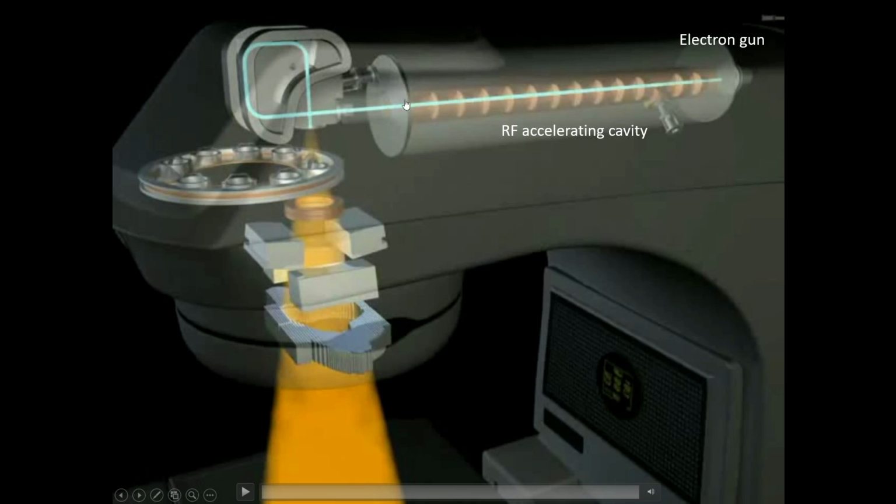At the end of this RF accelerating cavity, the electrons will exit with a huge, large energy, and they will be bent by magnets, 1, 2, 3 magnets, such that the beam now is pointing downwards where there is the patient.